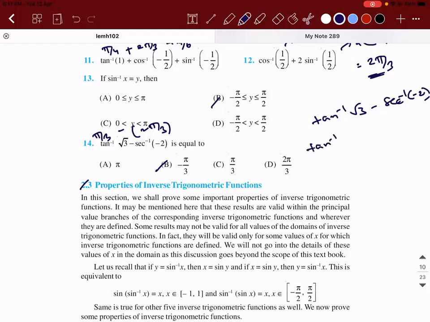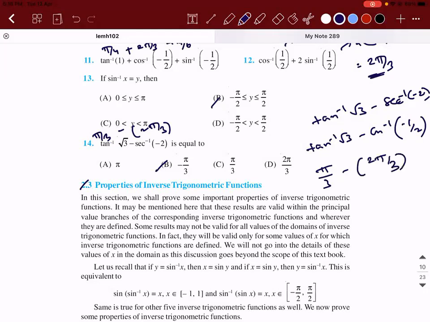I've seen it for most of the people. So according to the same logic, secant inverse minus 2 can be written as cos inverse of minus half, which is 2 pi by 3. So this will be pi by 3 minus cos inverse of minus half.